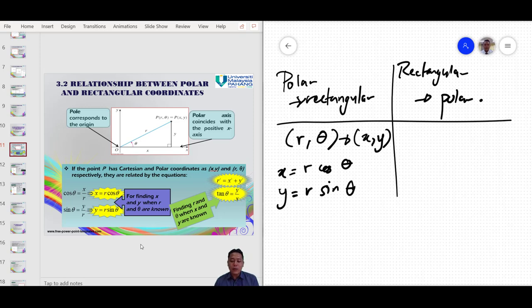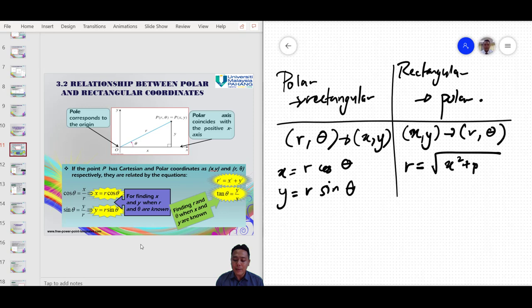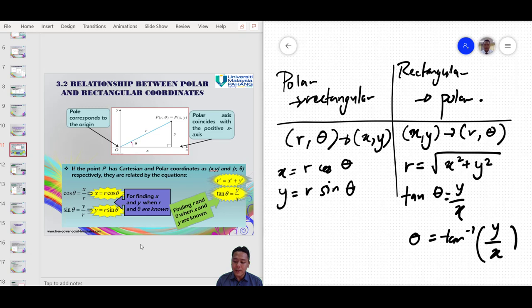And also, if you want to convert x, y from rectangular into polar, you can see that r equals the square root of x squared plus y squared, and also tangent theta equals y over x, or you can take the inverse tangent of y over x.